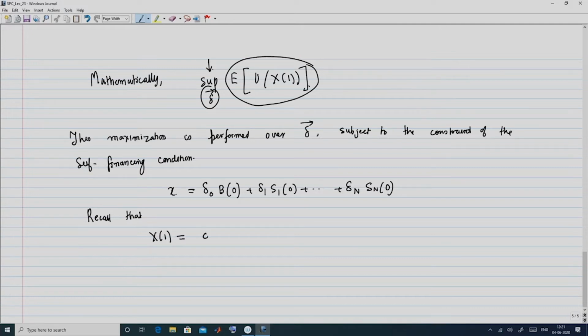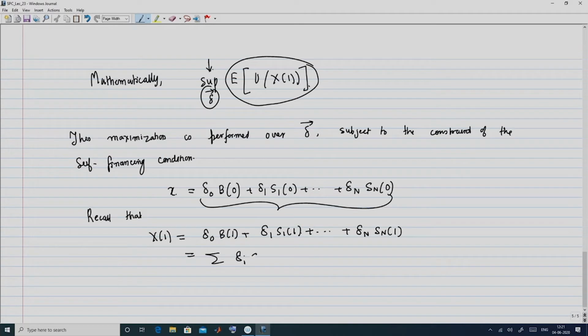So, we had X1 is equal to delta naught B1 plus delta 1 S1 of 1, plus, exactly the same expression, up to delta n Sn of 1, and this can now be rewritten. So, I am introducing this compact formulation of the sum of delta i Si of 1, i equal to 0 to n, and this is done with just one change, and that is with S naught being defined as B. So, this is for notational brevity.